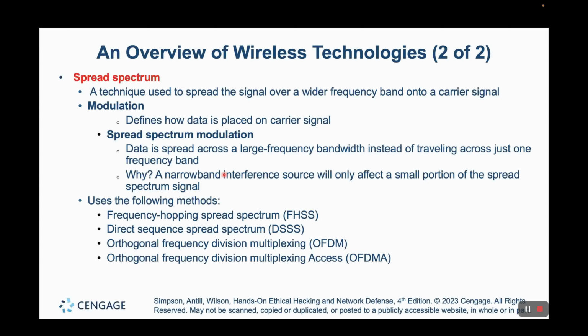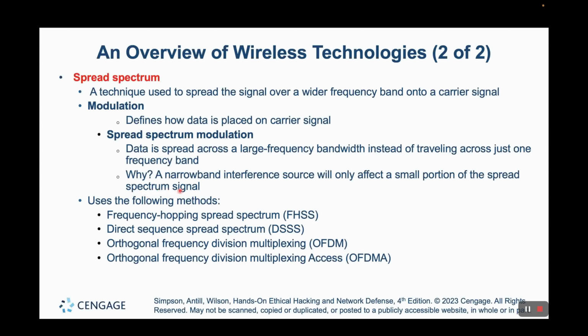Now, there are many reasons behind doing this. One of the reasons is that a narrowband interference source will only affect a small portion of the spread spectrum signal. And the spread spectrum uses different methods, as you see here on the screen.